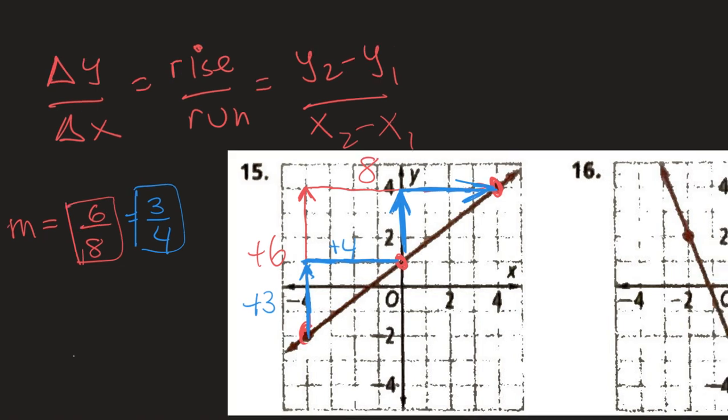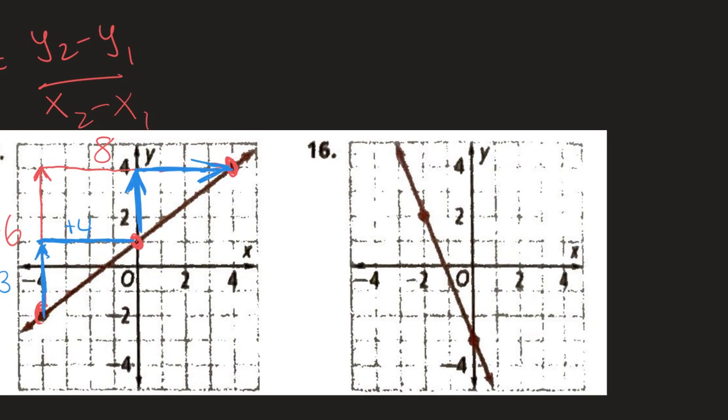What if we have something like this, where it goes downwards? And for this one, I will have m again be our slope, and it's the rise over the run, which is the change in the y values. So this time we'll go from this dot to this dot here, and it's going down.